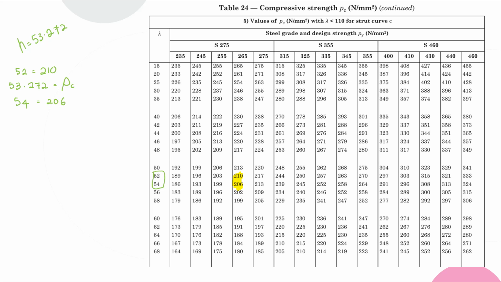Okay, so we can use again the same technique that we just used: minus. 53.272 minus 50 equal to, okay, and 54 minus 52.